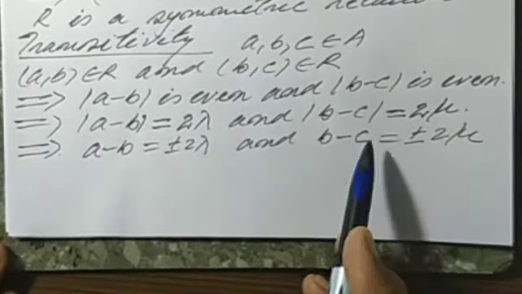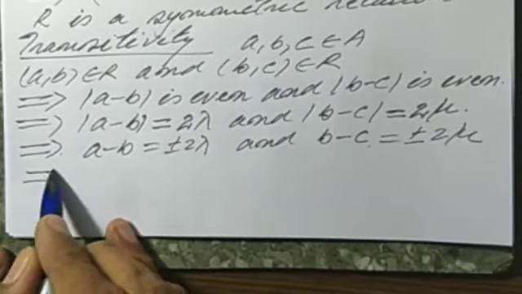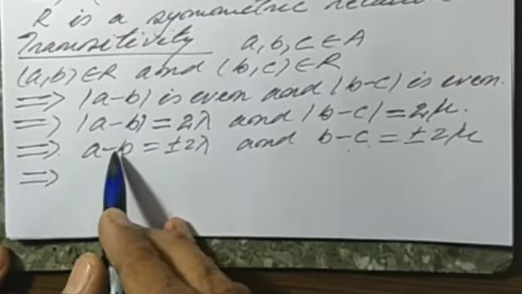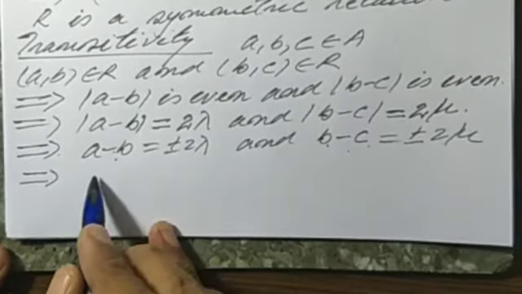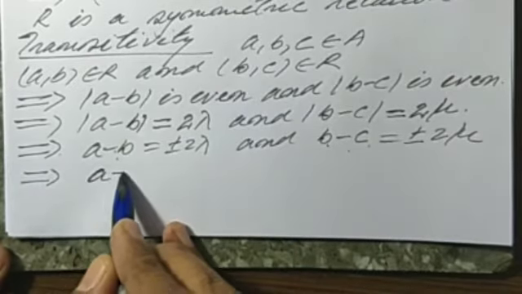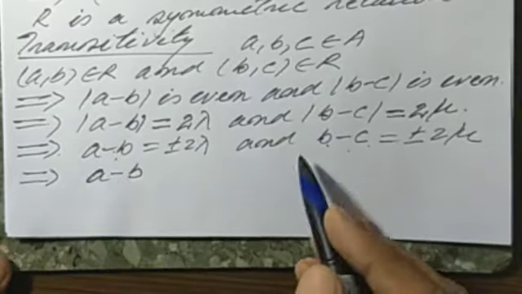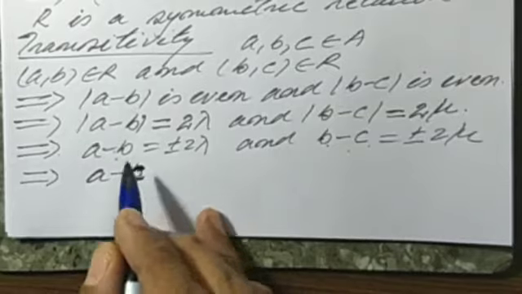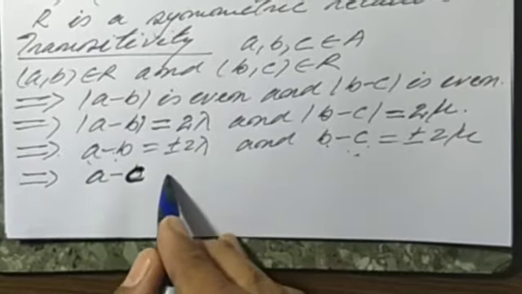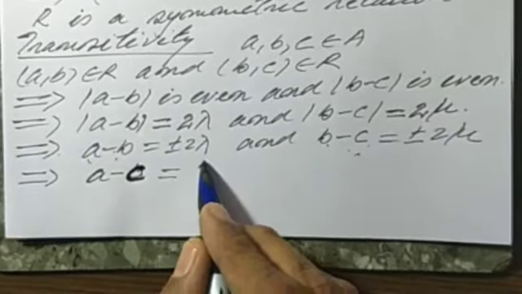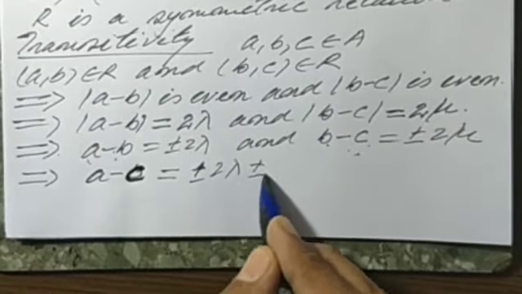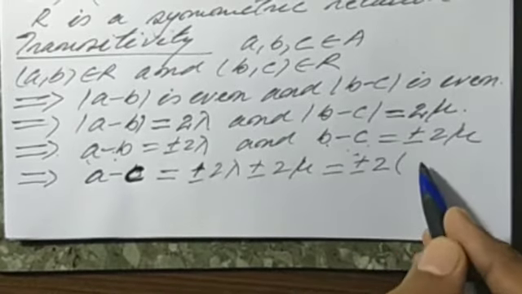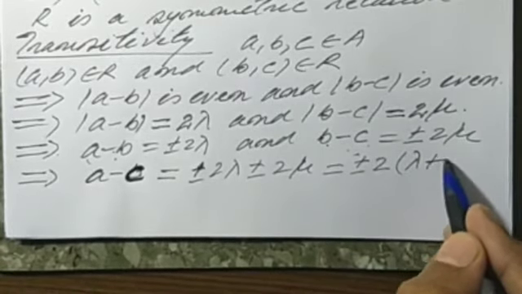If these two equations are added, then minus b will cancel plus b and we get a minus c. Here a is left and here minus c is left. b is cancelled by b and a minus c is left on the left hand side, and on the right hand side we get plus minus 2 lambda plus minus 2 mu, out of which we may take plus minus 2 common within a bracket, lambda plus mu.